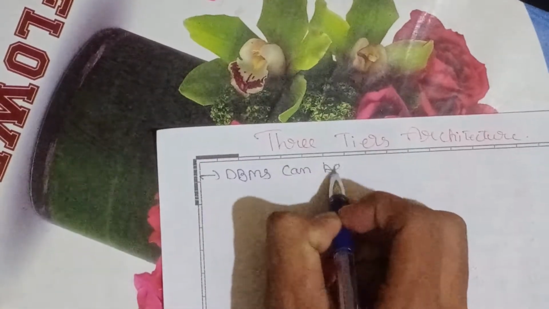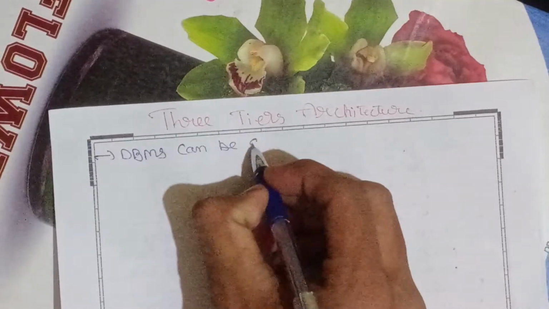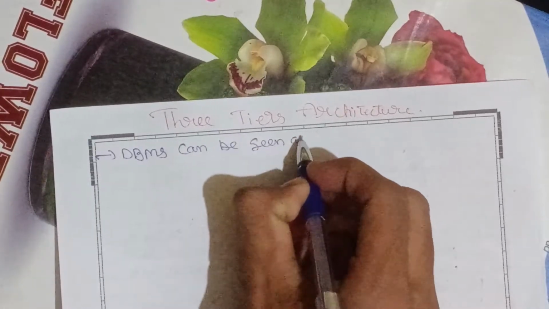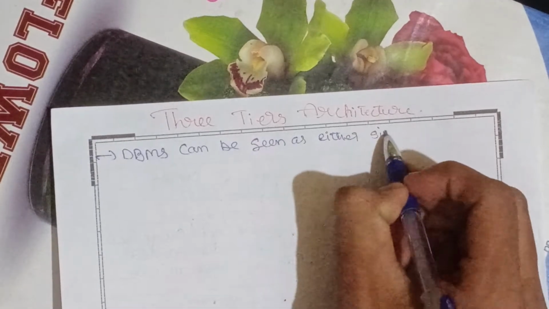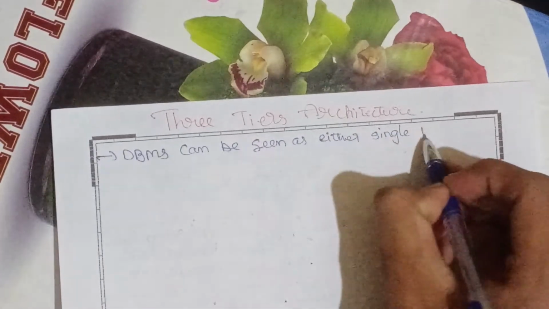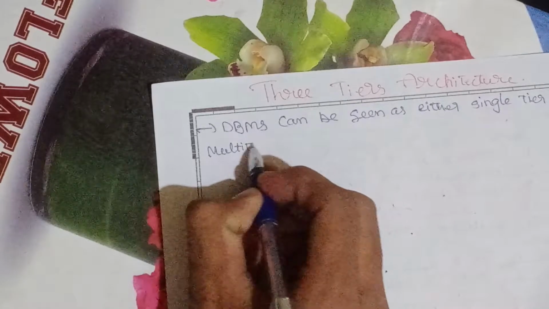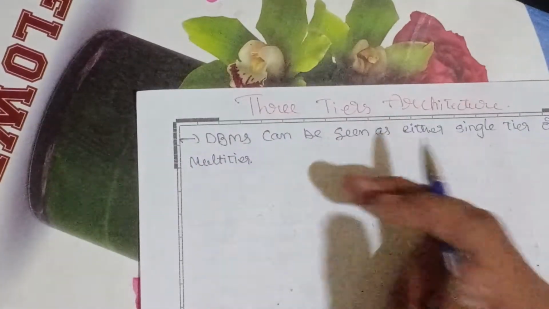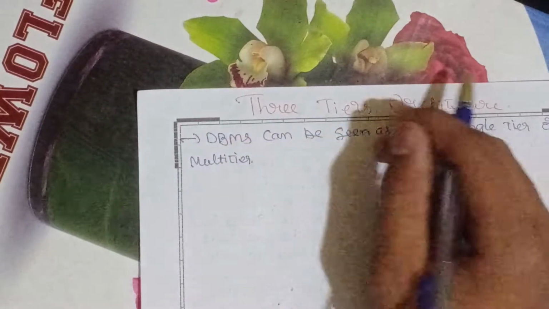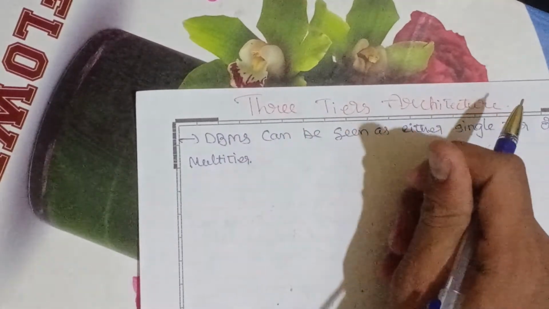DBMS can be seen as either single tier or multi-tier. We can see that the software used in DBMS can be single or multi-tier.